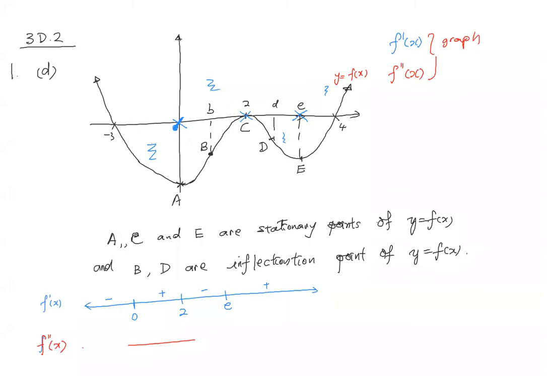Same thing, draw a line. Ziqi, what must I mark on this line? B and D. So in between here, B and D. Okay, you are right. Madeline, less than B, what is the sign?